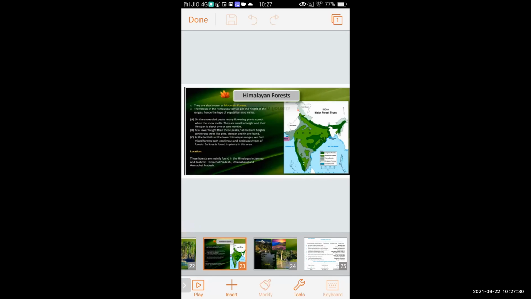The forests in the Himalayas vary as per the height of the range, hence the type of vegetation also differs in Himalaya forest.